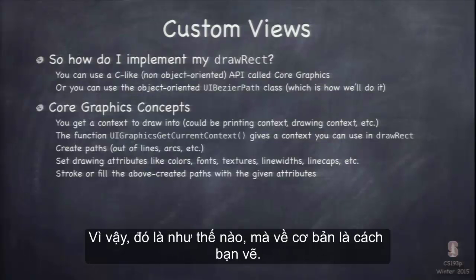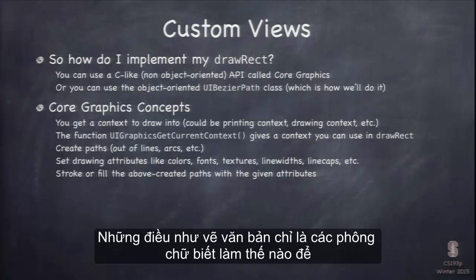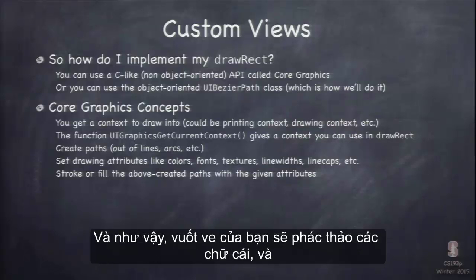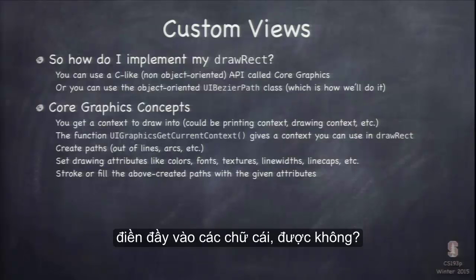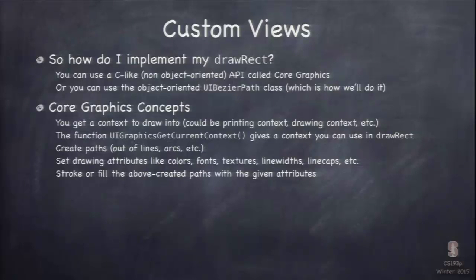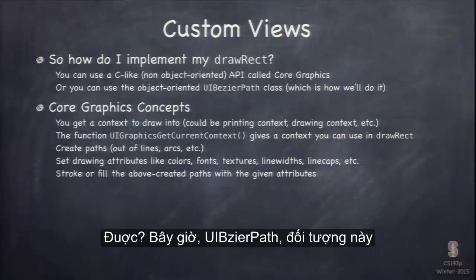So that is fundamentally how you draw. Things like drawing text is just the fonts know how to have the perfect path to draw beautiful letters. Your stroking would outline the letters, and filling fills in the letters. So even drawing text is just stroking and filling paths.